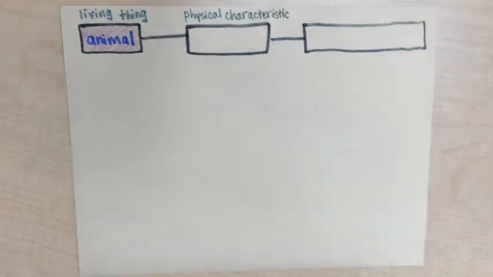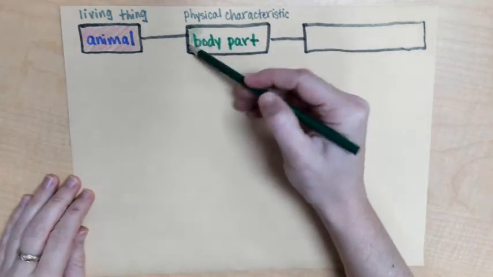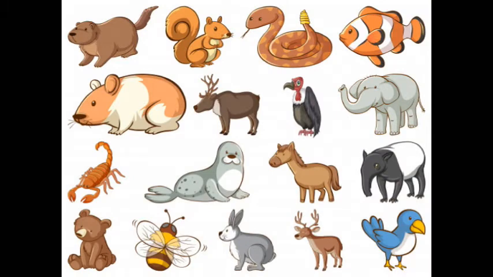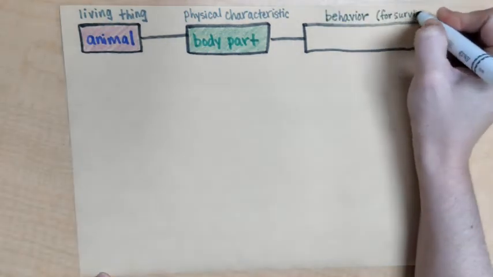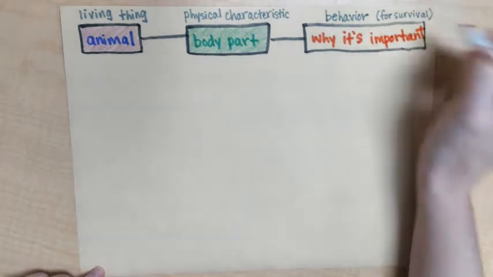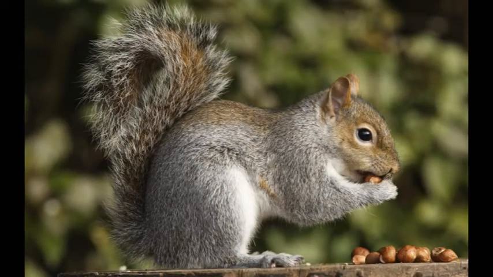And the physical characteristic of that animal is some body part on the outside of that animal. And with that particular body part, we're going to talk about that animal's behavior, why that body part is important, what is its purpose, what does it do to help that animal survive.